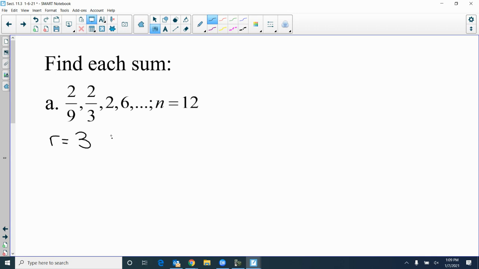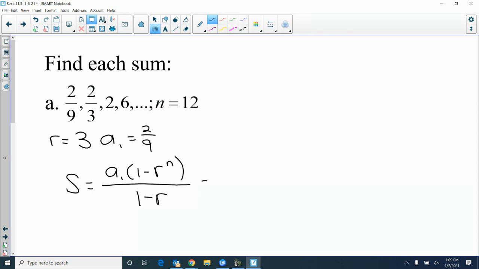My first term is 2/9. So I'm going to use that sum formula that says a sub 1 times 1 minus r to the n over 1 minus r. All right, so let's use that. Plug in everything where it goes.